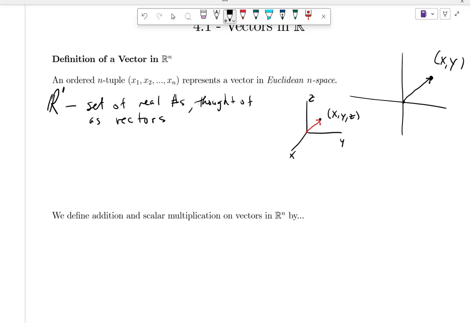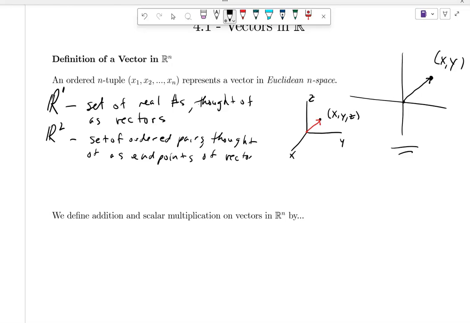What I drew over here on this side, this would be R2. So this is just a set of ordered pairs, again, thought of as vectors. And I should say, thought of as endpoints or terminal points of vectors.